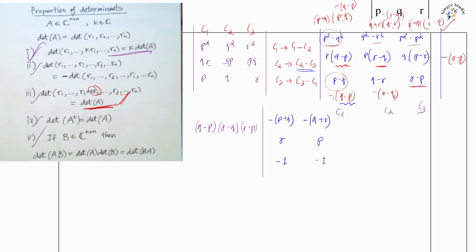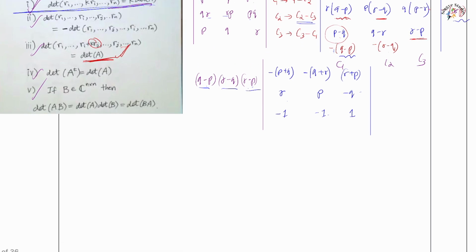Okay, and here we took r minus p as common, so we are left with r plus p, and here we are left with minus q, and here we are left with 1, right? Because r minus p is taken out. So this one I took from column 1, this one from column 2, and this one from column 3. So exactly this one I followed the rule number 1. Okay.